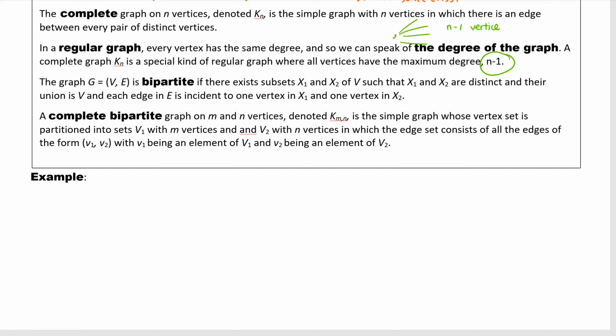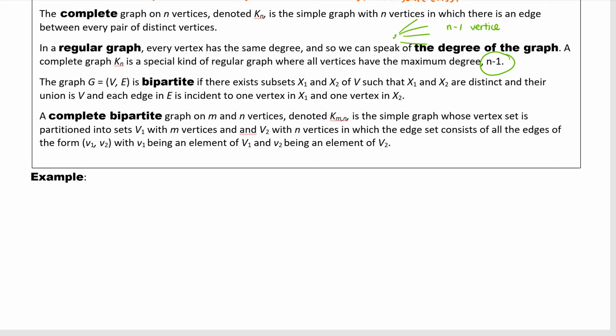Next, the graph G equals (V, E) is bipartite if there exist subsets X1 and X2 of V such that X1 and X2 are distinct and their union is V, and each edge in E is incident to one vertex in X1 and one vertex in X2.